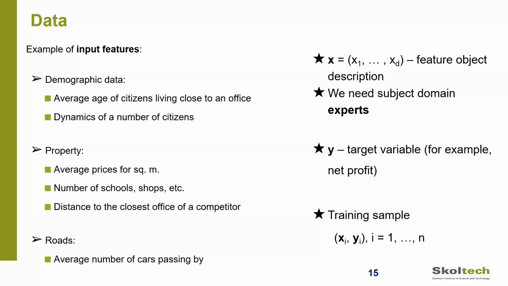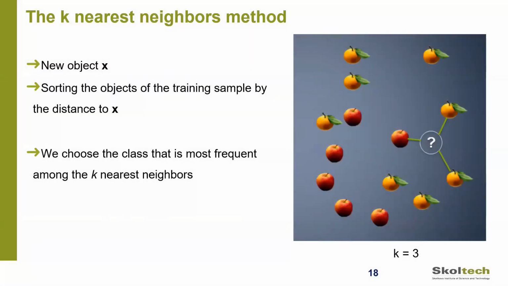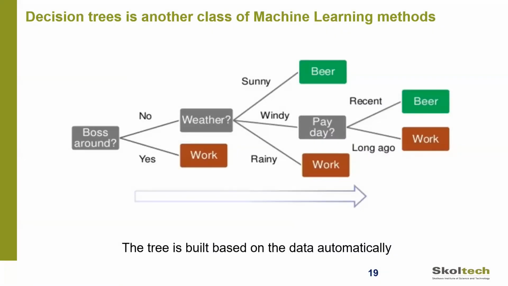This person tells you that it's very important that the average price for property should be high, and because of that, you should put your office in a place where the price of property is high. So this is the most important feature characterizing whether you get high profit or not, depending on other parameters. But this work is only possible if you do it manually.